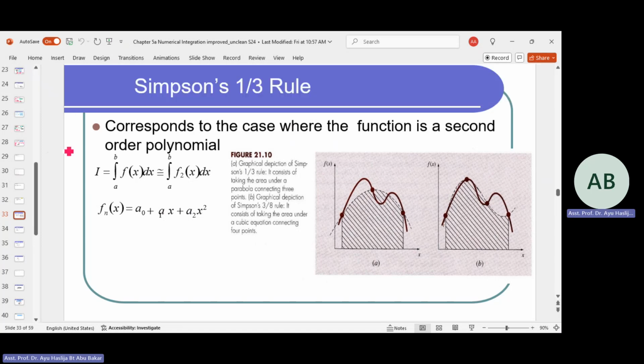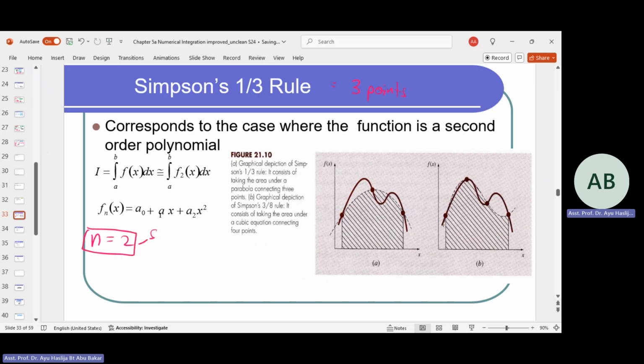But for Simpson 1/3, the minimum is 3 points, which is equivalent to n equals 2. So if the question mentions single application, n is 2.